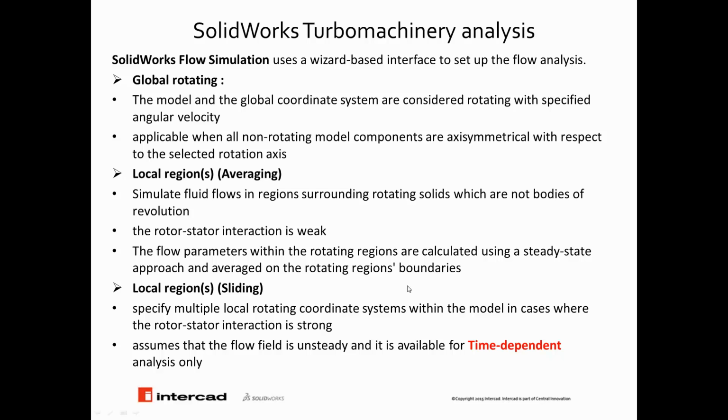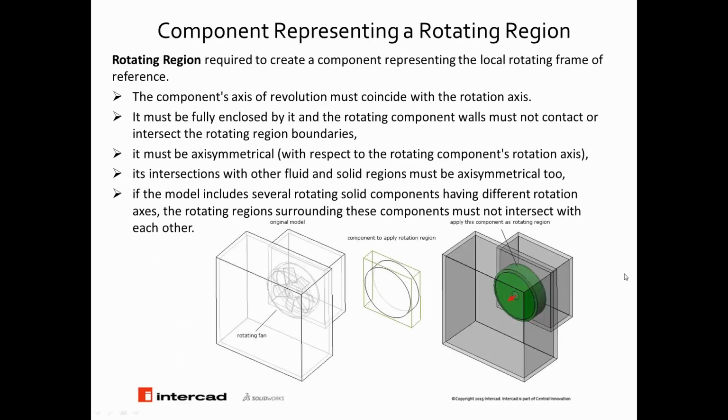The first step we have to consider and understand is to make a dummy component. We call it a component representing a rotating region, and we have to create it. Imagine you have a room, a fan is mounted to the wall, and you would like to tell the software there is a rotational region around the fan.